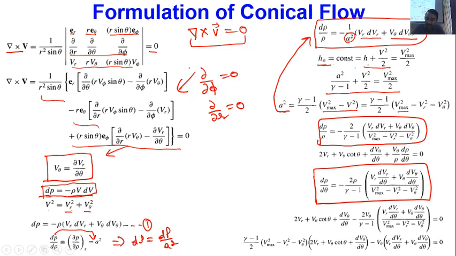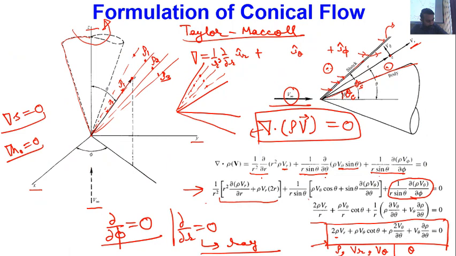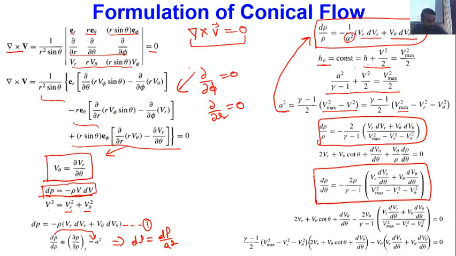So this is my value of d rho by d theta, and if you go back to the continuity equation, this is your continuity equation. In your continuity equation also you have one d rho by d theta. So I can substitute back this d rho by d theta here.